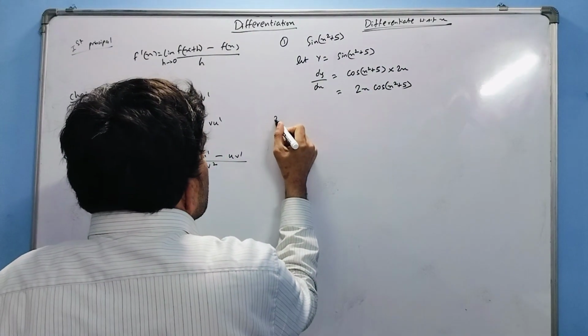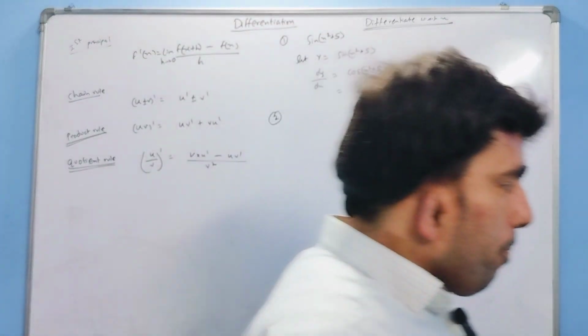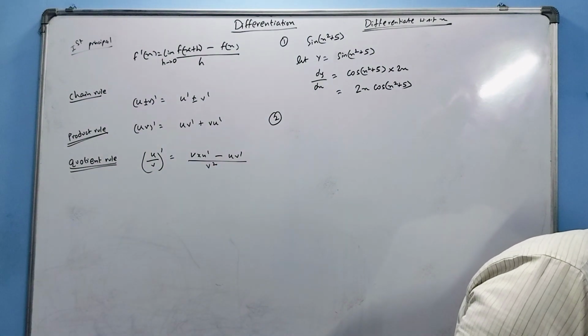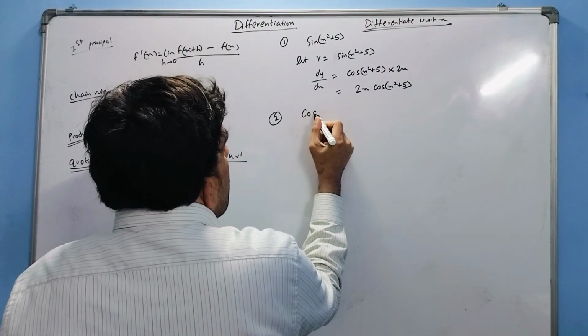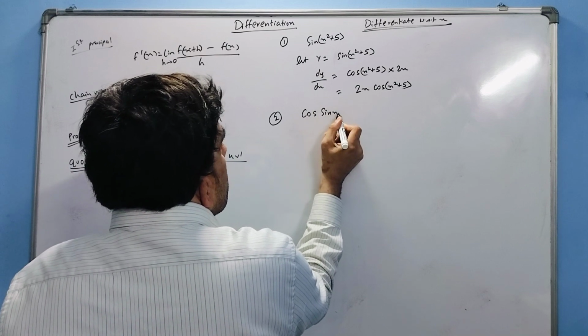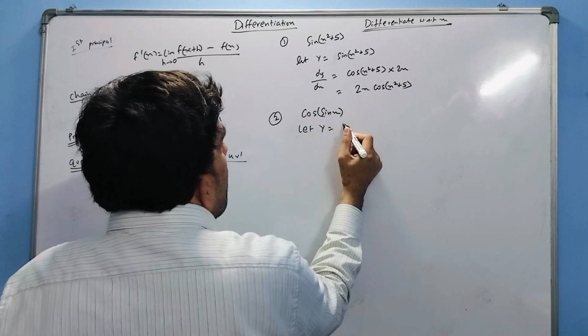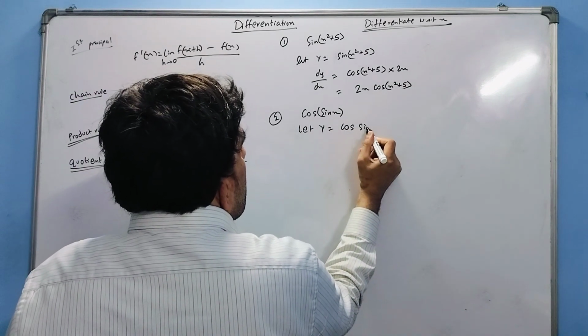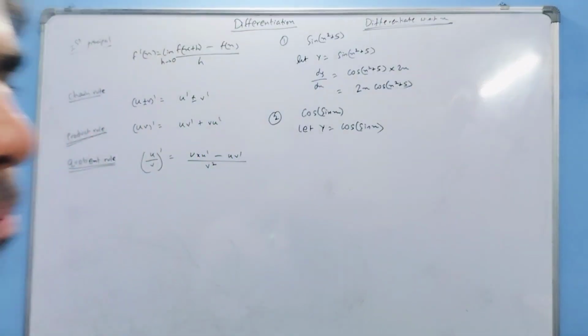Let us go for the second one. The second says we need to differentiate cos of sin x. Let y is equal to cos of sin x.